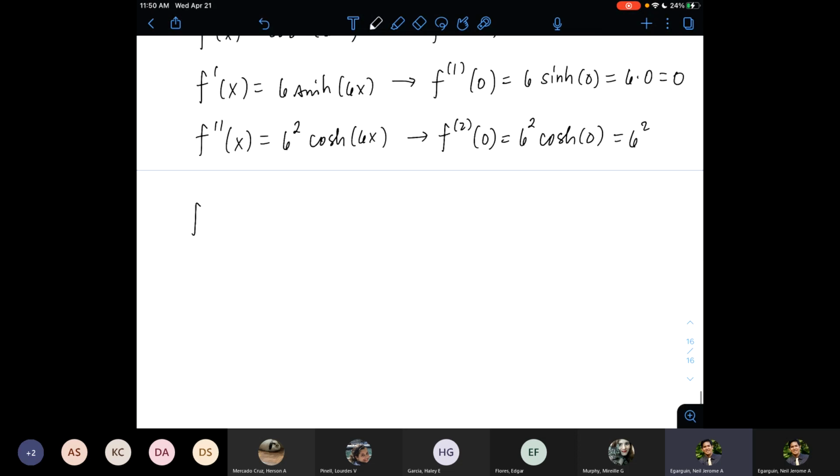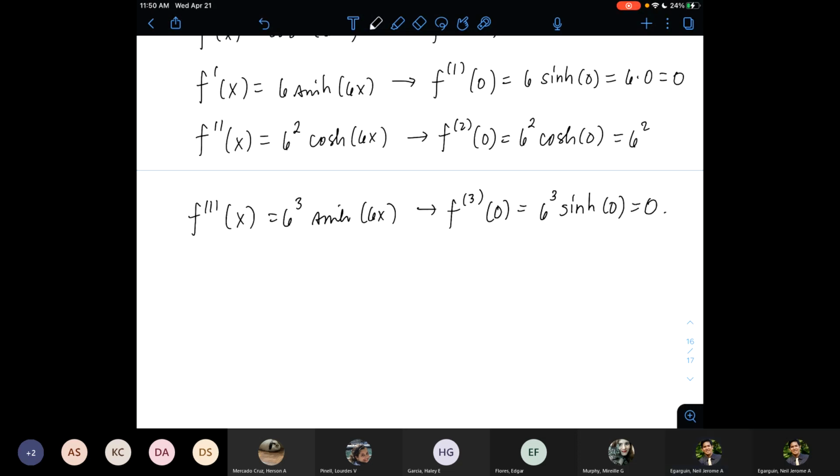All right. The third derivative would be 6 cubed hyperbolic sine of 6x. So the third derivative evaluated at 0 would just be 6 cubed times sinh of 0, which will become 0.